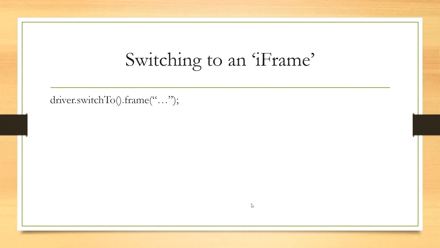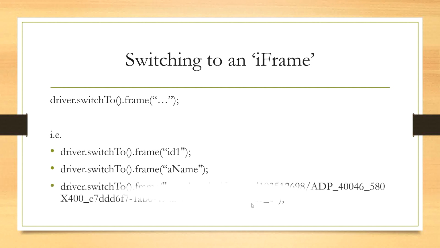To switch to an iframe, as we have seen, we could use either ID or name, or the whole XPath, or any unique attribute out of the specific given attributes: either ID, name, class name, or the XPath.